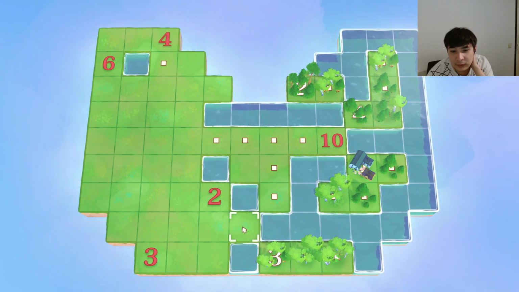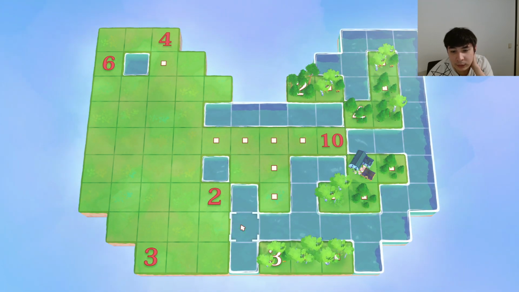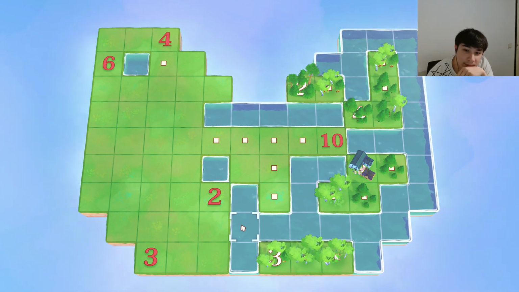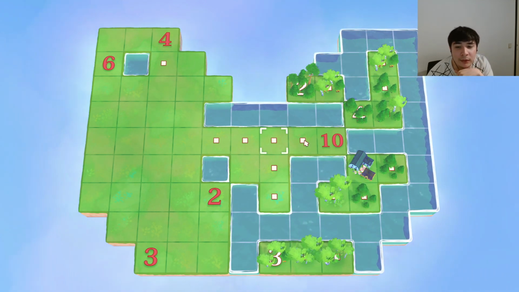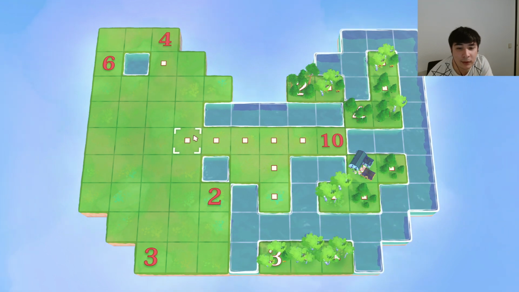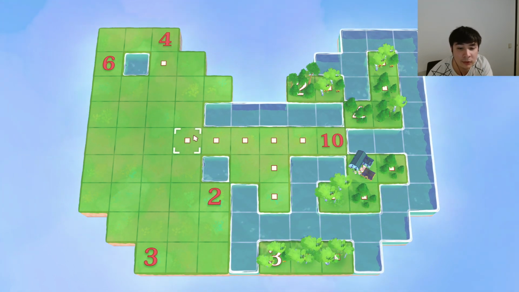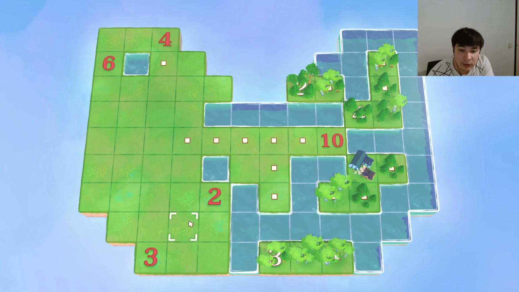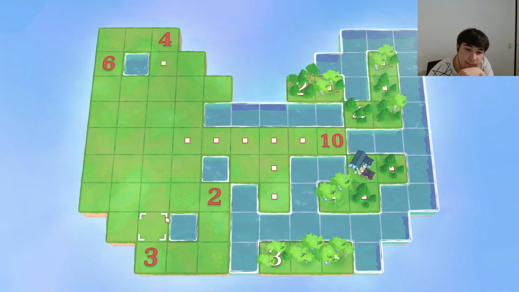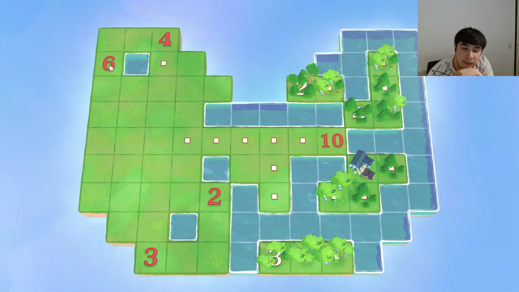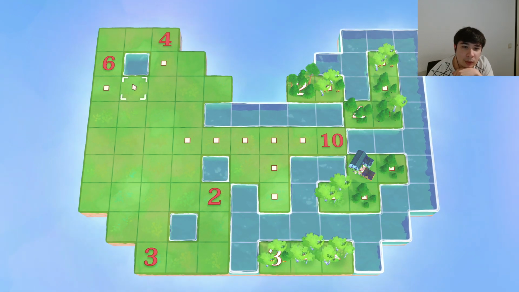This bit of water has to connect to the rest as well. Goes in this spot. We need 3 more cells of land for the 10, so it's got to go at least 1 more in this direction. The 2 flip-flops over here, so this is water. This 6 definitely has to go down a little bit more.